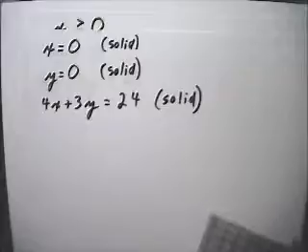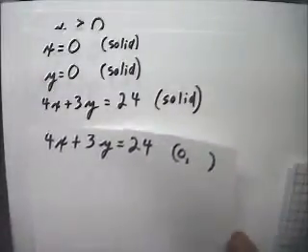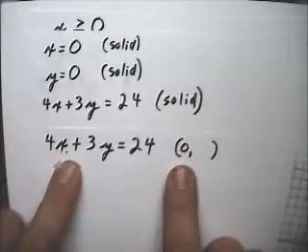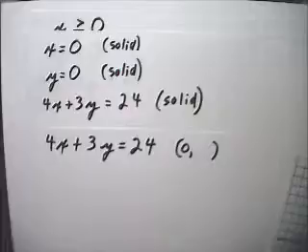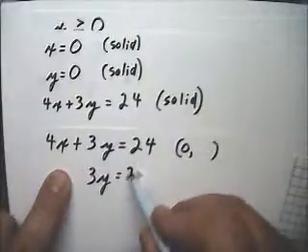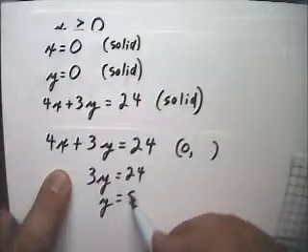So to graph that one, I thought I'd first let x be 0. And if I let x be 0, then I have 3y equals 24, and that's y equals 8.